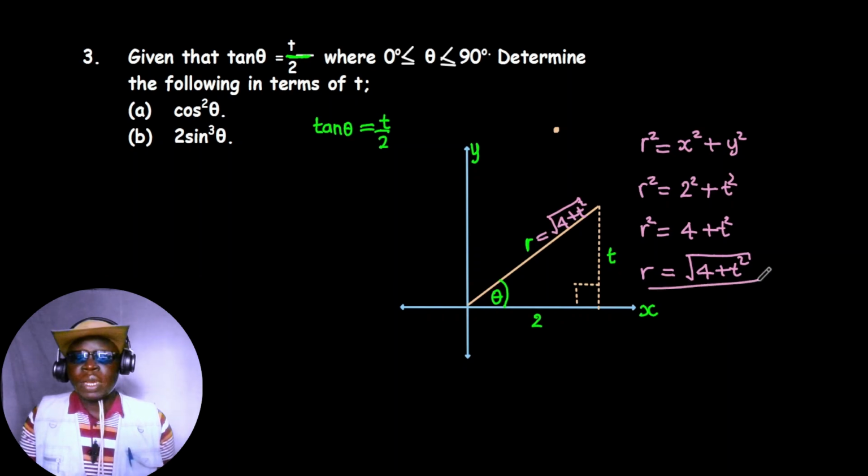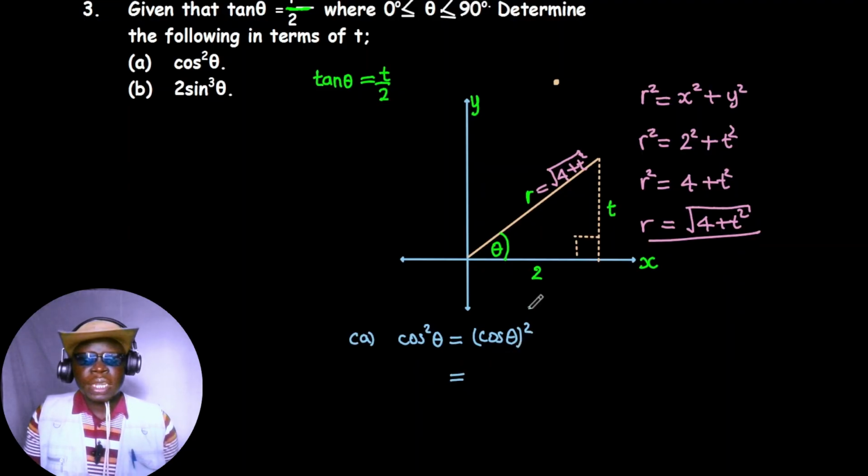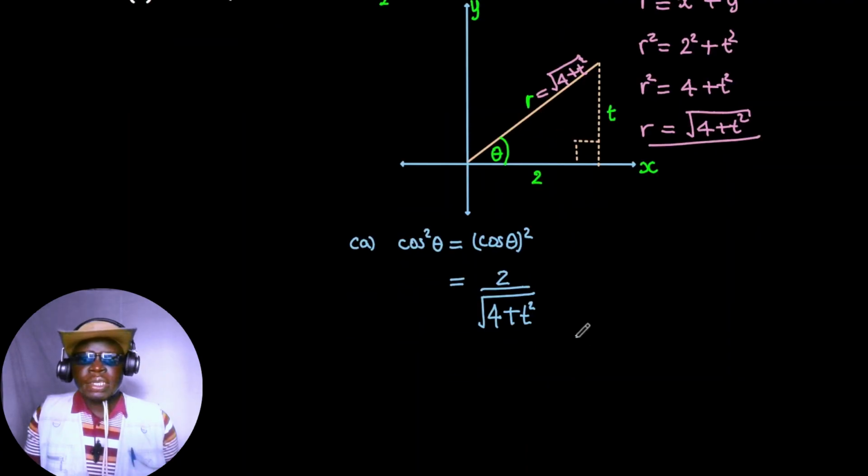Now after that, we can start answering our question. Part A, cos square theta, we can write as cos inside the bracket, then we square. Now putting in our cos theta according to the definition as adjacent over hypotenuse, our adjacent is 2, and the hypotenuse is what we've just gotten, root of 4 plus t square. So the whole thing should be squared because our cos here was squared.